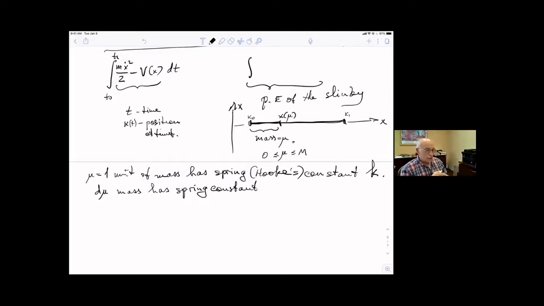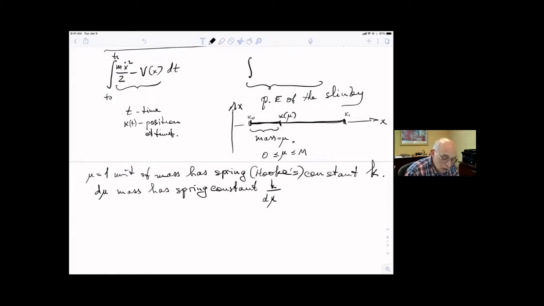It's going to be stiffer, right? A short piece, you want to stretch the short piece by the same length as the long piece. It's harder because each link has to be stretched more. Each spiral unit has to be. So in other words, the smaller the mass, the stiffer it is. So the spring constant will be K divided by d mu. So if d mu is tiny, it's an extremely stiff spring, right? It makes sense. If you take a rubber band and cut off a tiny piece of the rubber band, it's very difficult to stretch.